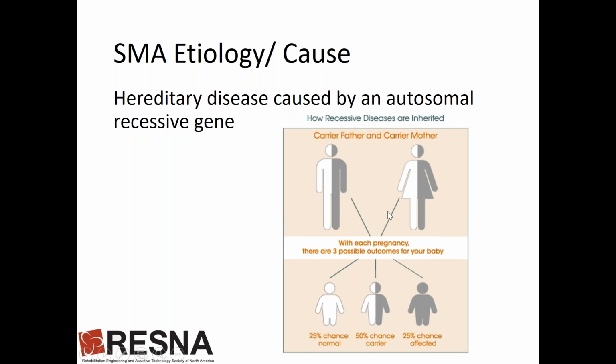With each pregnancy, there are 3 outcomes: 25% of a normal child, with no neurologic damage, 50% that the child becomes a carrier, and then 25% that the child is affected. So it's really 1 out of 4 chances that the child is born with it or will present with it.